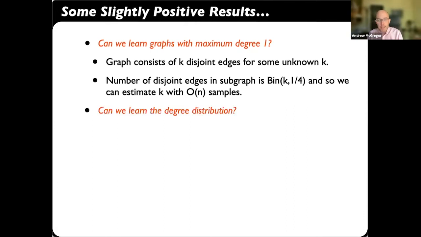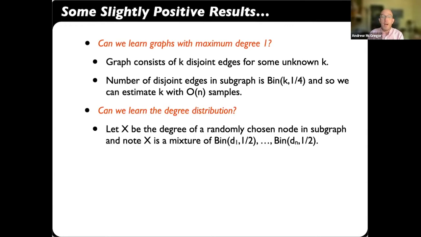Slightly more interesting is what I mentioned about learning the degree distribution. And there the idea is to relate the problem to learning a mixture of distributions. So for example, let's say we have our unknown graph, we receive our trace, pick a random node in your trace and tell me the degree of that node in the trace.